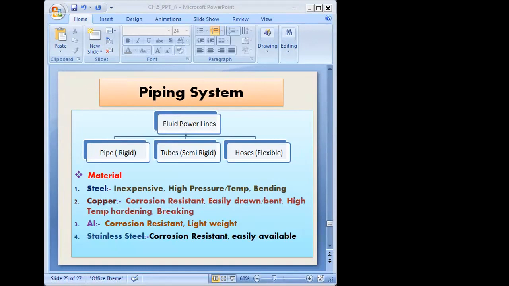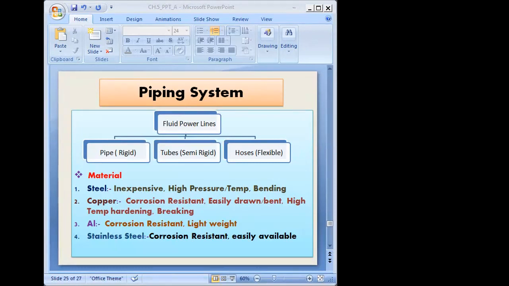Now, coming to the materials, that means the materials which are used for the pipes and the tubes. Mostly seamless pipes made of steel according to the national standards are used.